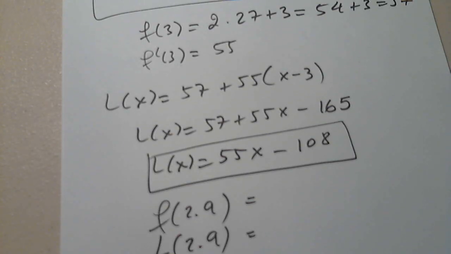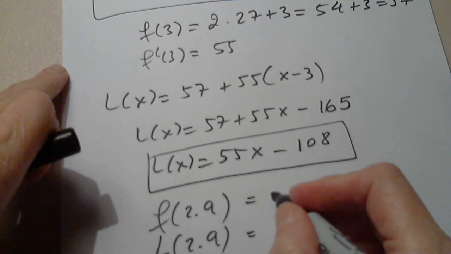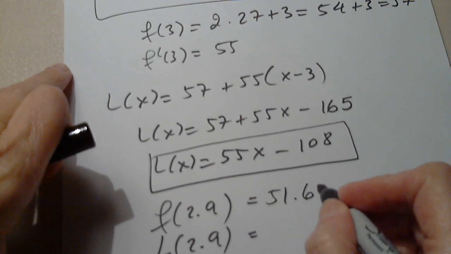Okay, so I'm going to go to y equals. I'm going to put the function in, which is 2x cubed plus x. I'm also going to put the linearization, which is 55x minus 108. And I am going to plug in 2.9. The first one is exact, which is 51.678.